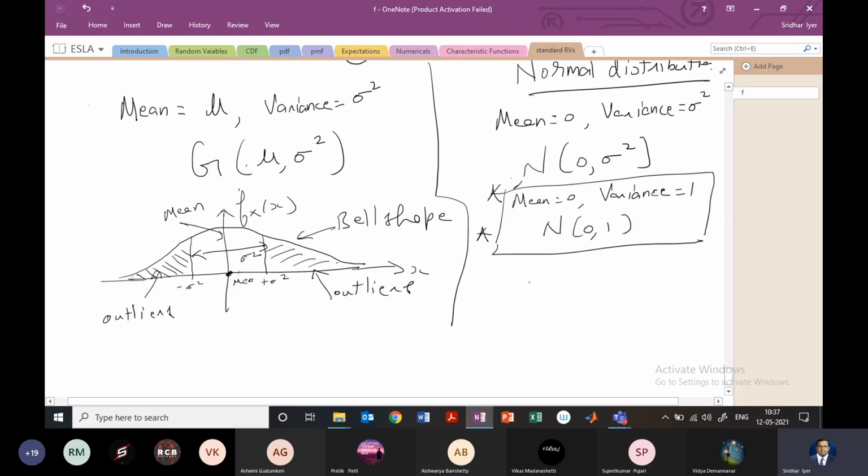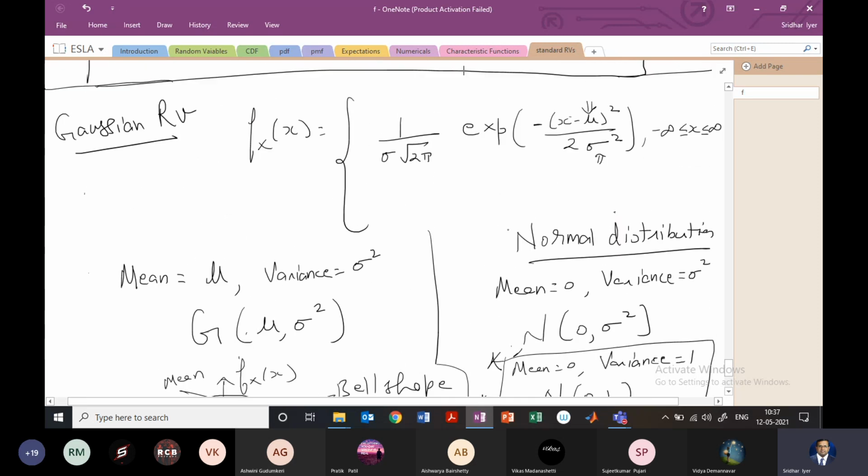Okay, and in this case, the PDF fx of x just simply becomes, if I scroll up and show you that this is the PDF, 1 by sigma root 2 pi. So if the variance is 1, this sigma becomes 1, right? The mean is 0, therefore this mu becomes 0, and this sigma also becomes 1.